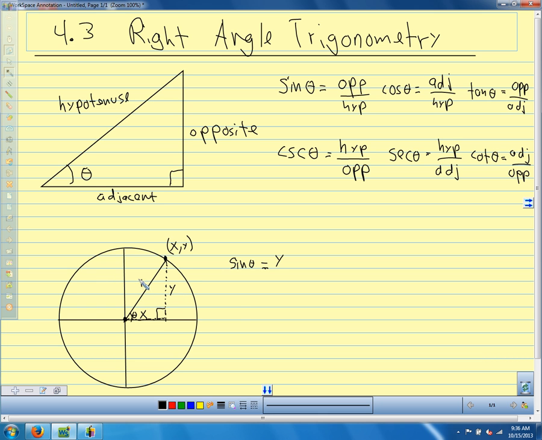The hypotenuse is just 1. And we said the cosine of theta was x. Well, that's the adjacent over the hypotenuse. So that's how these two are related. Our hypotenuse is 1, so we don't have to worry about it. We just get the x and the y coordinate for our sine and our cosine of our angle.